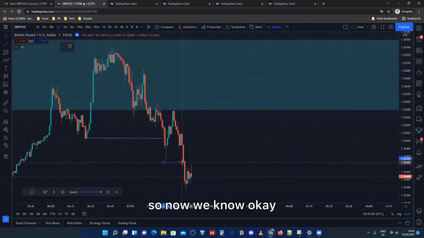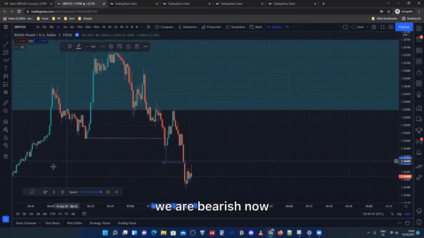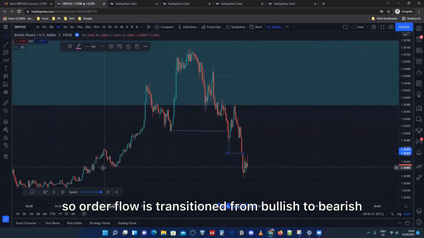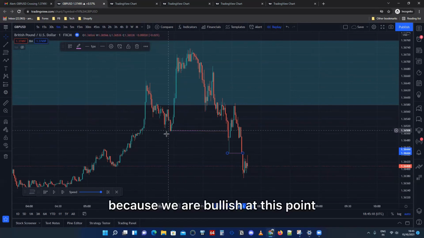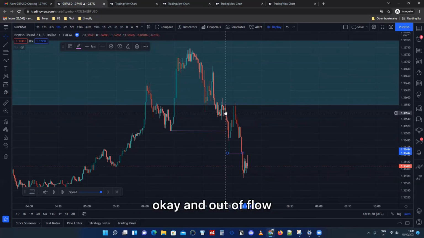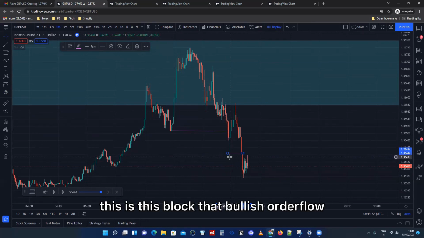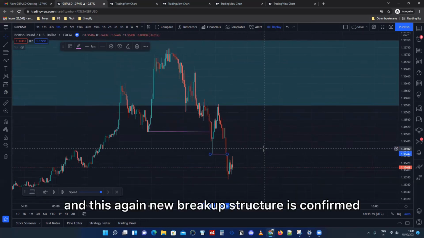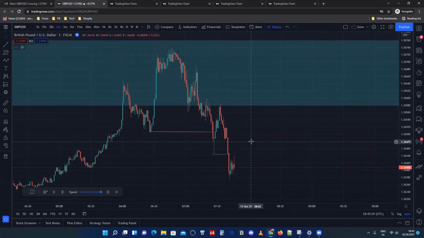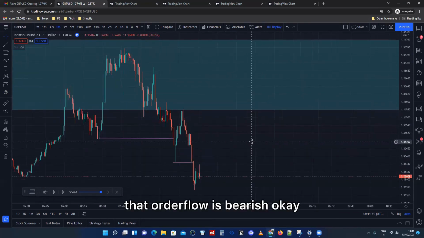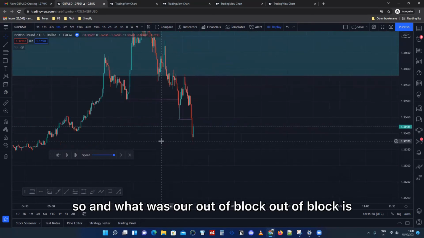So now we know we are bearish. Order flow has transitioned from bullish to bearish. The order flow is fractured here because we were bullish at this point, and this new break of structure confirms the order flow has changed. And what was our order block?